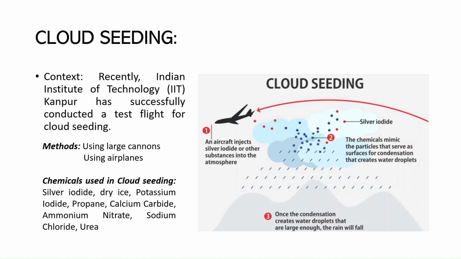And common chemicals used include silver iodide, dry ice, potassium iodide, etc. And these chemicals serve as nuclei around which the water droplets form, which eventually leads to rainfall. And the recent IIT Kanpur experiment, known as the Cloud Aerosol Interaction and Precipitation Enhancement Experiment, used the airplane-based method of cloud seeding. And this experiment was carried out over the Solapur region of Maharashtra.